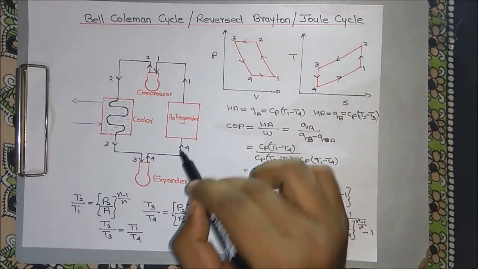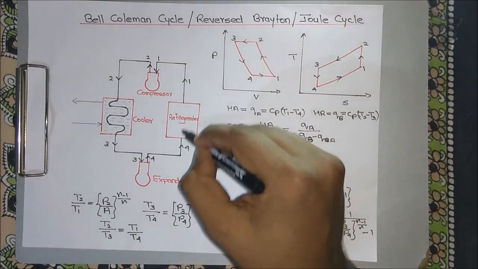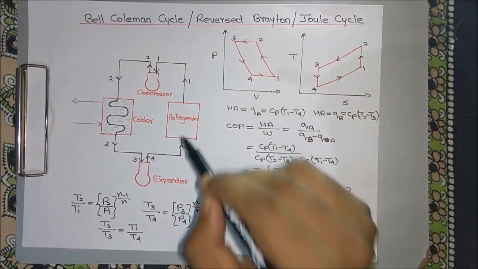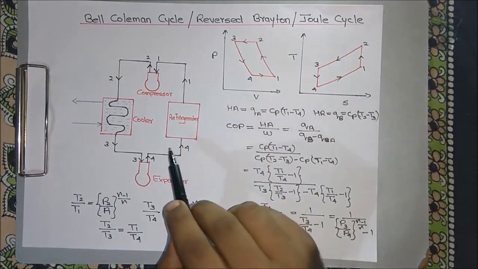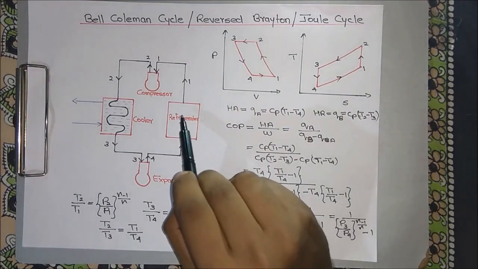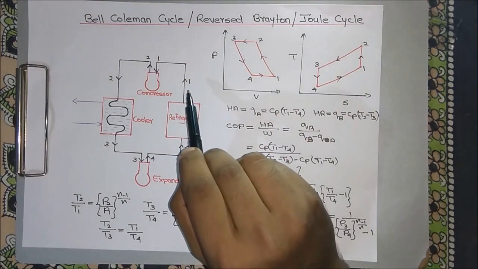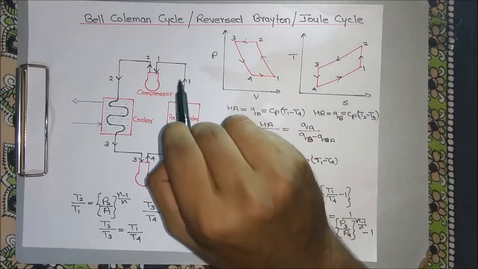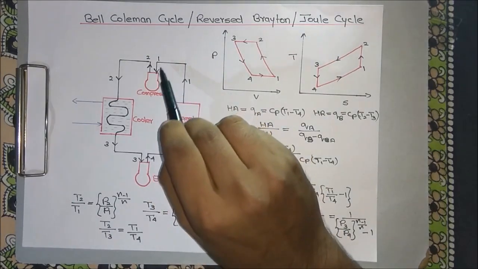When the refrigerant moves through the refrigerator, it will absorb heat from the refrigerator and it will evaporate. And the refrigerant at the evaporated state will pass through the compressor.